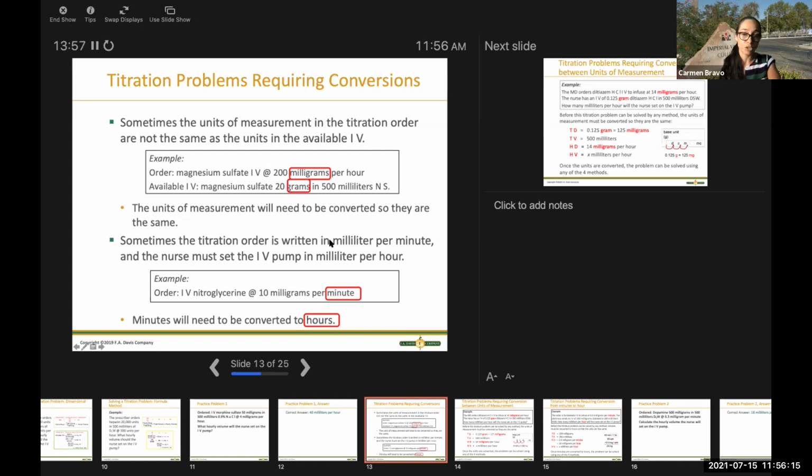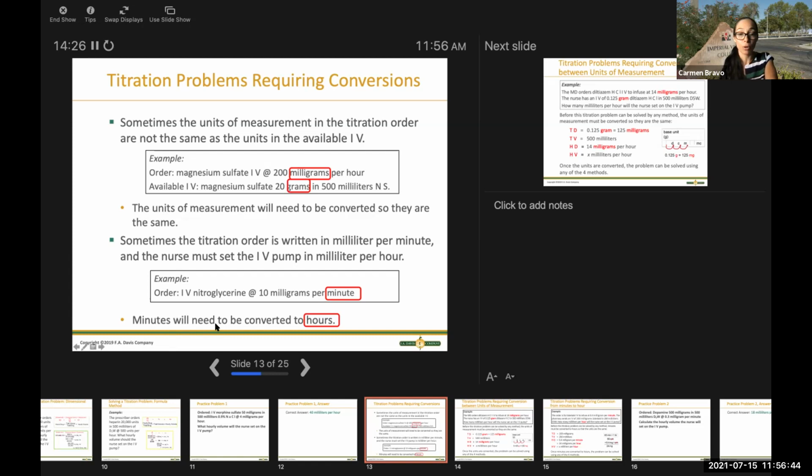Sometimes we have to titrate to milliliters per minute. An example of that would be nitroglycerin. I don't know if you guys have heard of those medications. Sorry, I'm having a moment. It's a cardiac medication, nitroglycerin is really strong, it's really fast, and this one says to give 10 milligrams per minute.